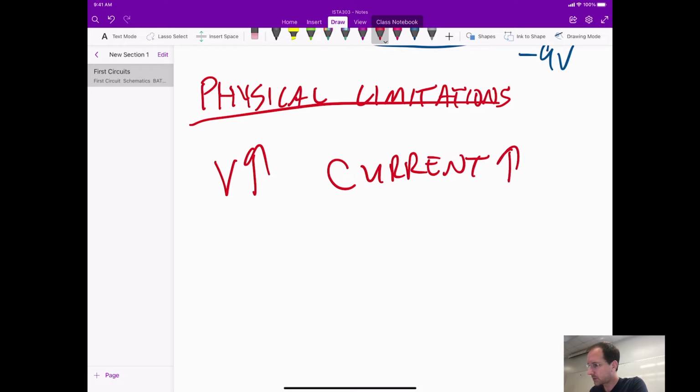So as voltage goes up, current usually goes up as well. And so if you give something too much voltage, the current is going to go up, and usually if the current exceeds the expectations, the part blows up. Returning to the water example, that's sort of like increasing the water so much that eventually it's going to be too much for the riverbank to handle and it just sort of flows over.